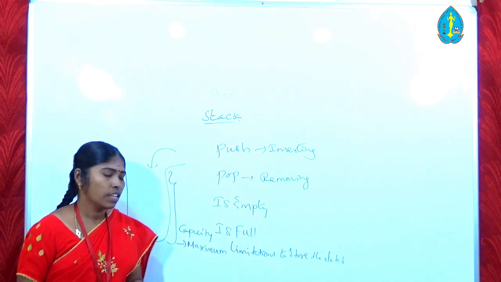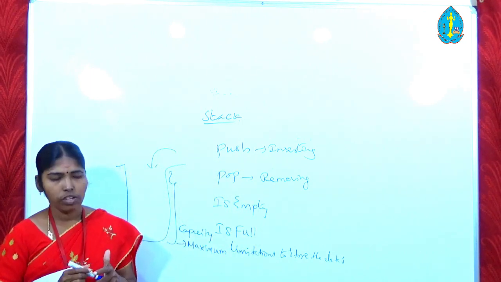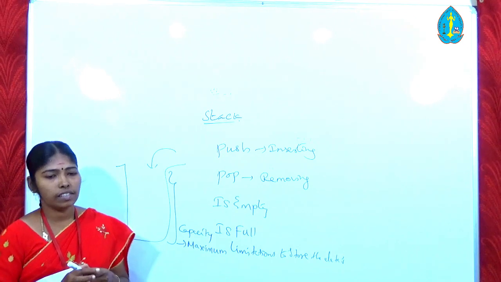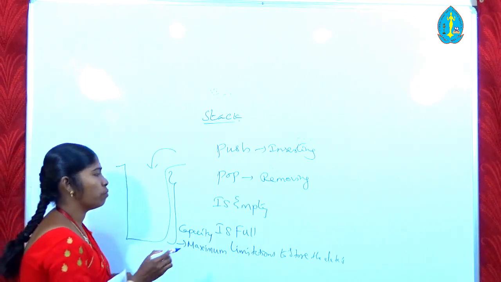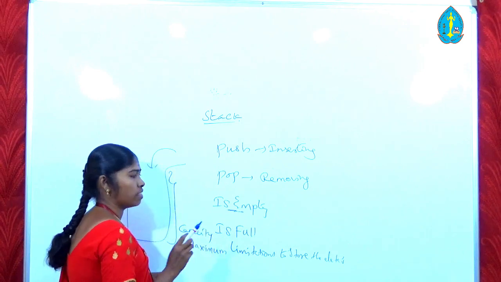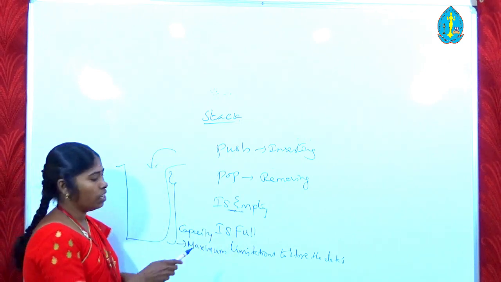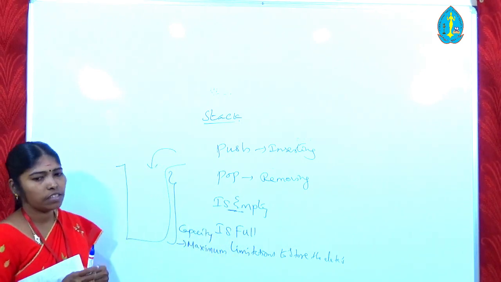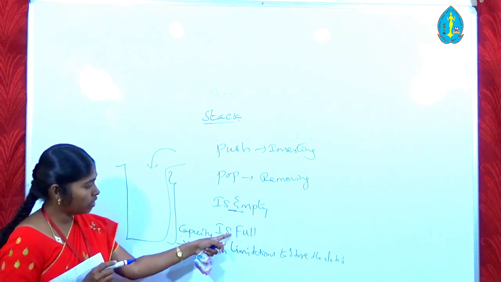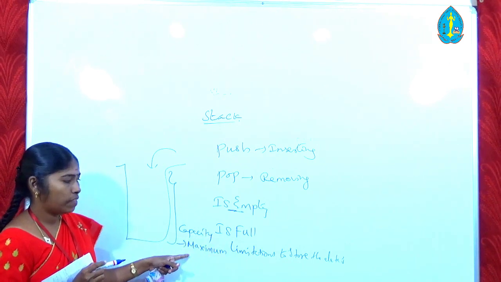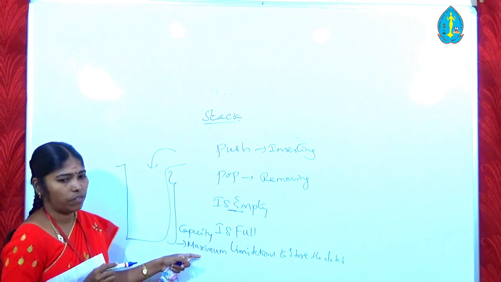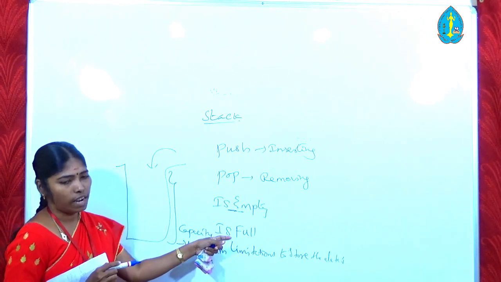Next, is empty and is full report whether the stack is empty or not, and whether the stack is full or not. When the stack reaches its capacity, or maximum limit, it is called stack full.